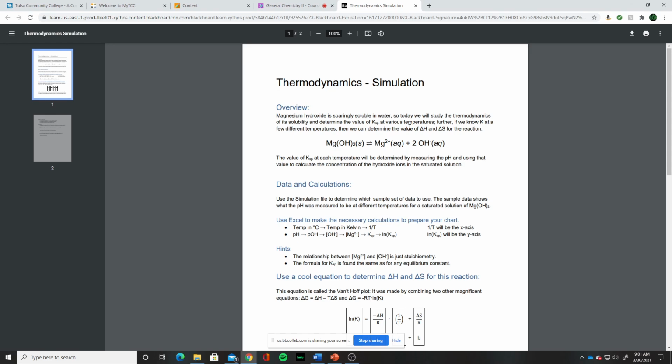Since we're not in the lab, and you don't have access to magnesium hydroxide, at least I don't think you do, you probably shouldn't. It's not super dangerous, but it's not super safe either. We are just going to have the data given to us, essentially.